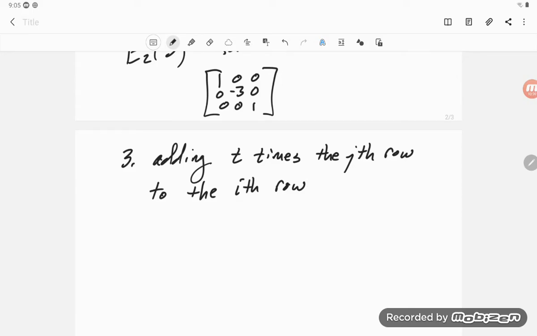And then, of course, the question is, okay, does that mean that we're putting it then in the ith row or the jth row?